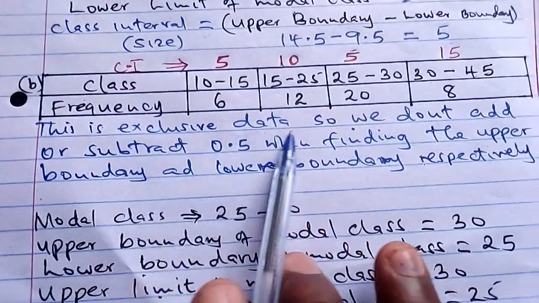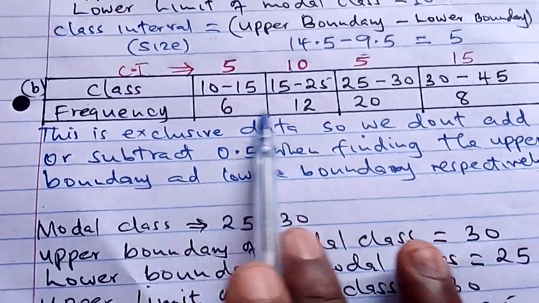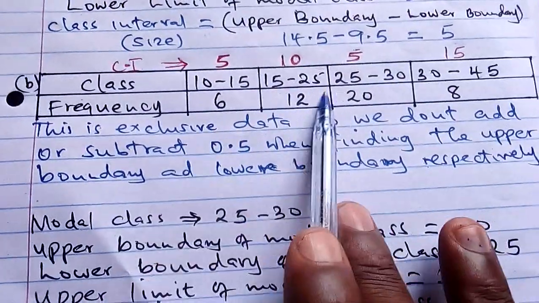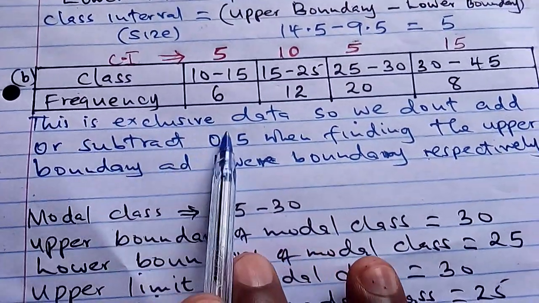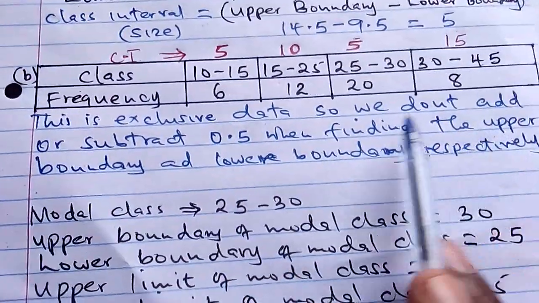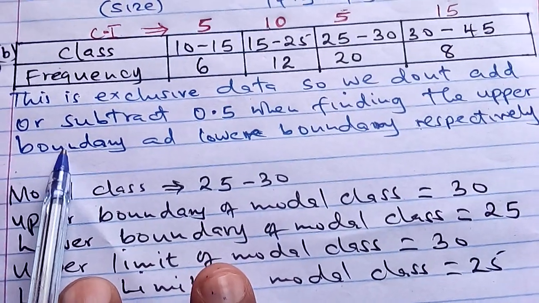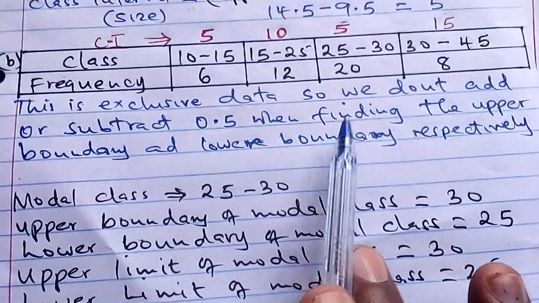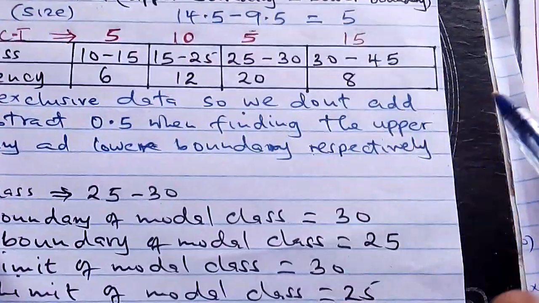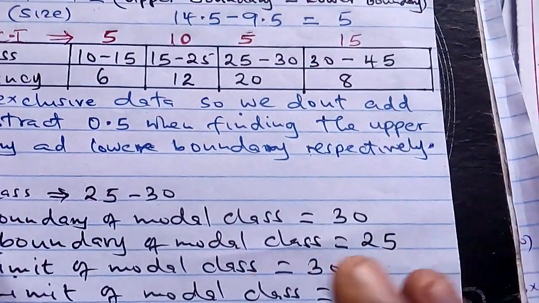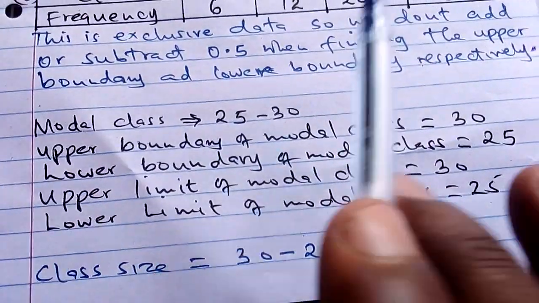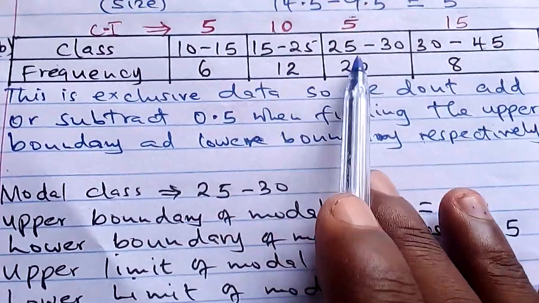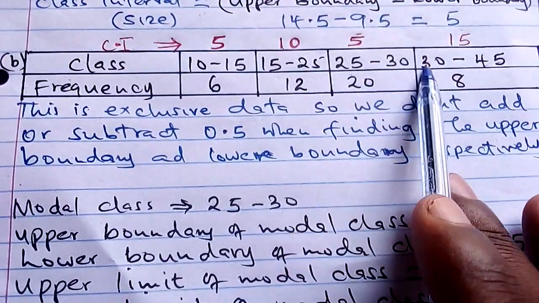So to the next table here, as you have seen the difference between the two. Here, this is exclusive data, so we don't add or subtract 0.5 when finding the upper boundary and the lower boundary respectively. So for example, if you want to get the upper boundary and the lower boundary of the modal class, the modal class is here, 25 to 30.